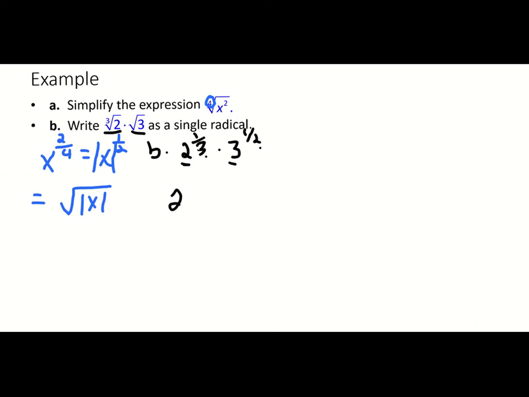So now, if I convert this fraction to a 6, I had to multiply the 3 times 2. So remember, you do the same thing to the top. So I'll multiply the 1 times 2. So I'm going to rewrite it as 2 to the 2/6 power times, and then I'm going to convert the other to a 6, which I had to do 2 times 3. So I'll do 3 here, and I have the 3/6 power.